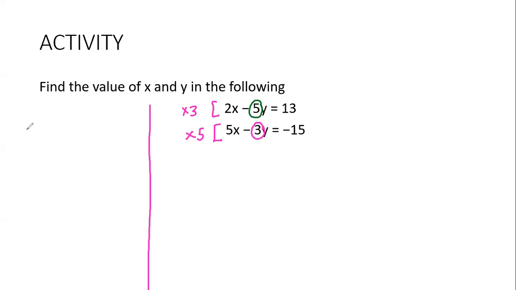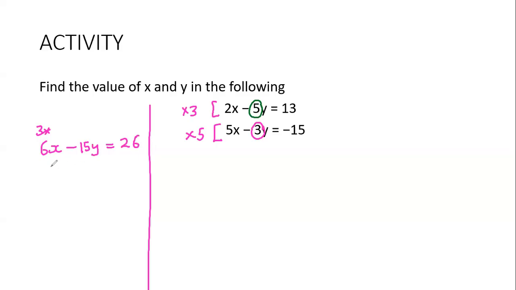3 times 2 gives you 6x minus 15y is equal to 26.